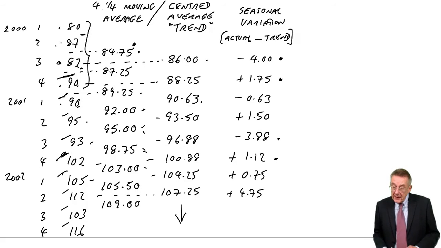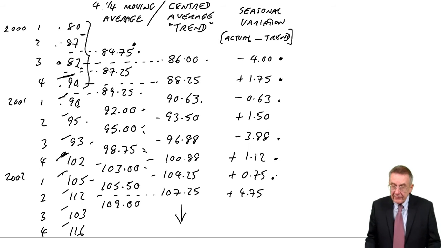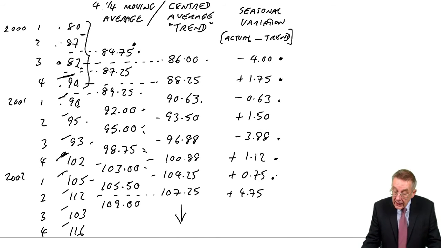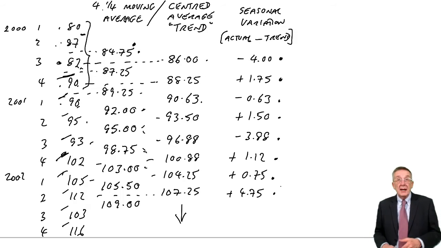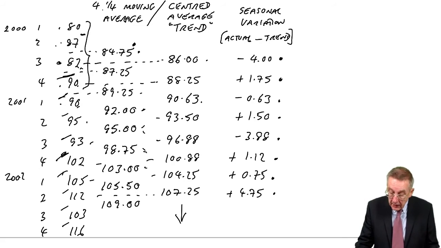So quarter 4 always seems to be up. Quarter 1 down 0.63, up 0.75. So quarter 1 is more or less on trend. Quarter 2, up 1.5, up 4.75. Quarter 2 always seems to be up. Now, it's not perfect, obviously. They're not up and down exactly the same amounts.